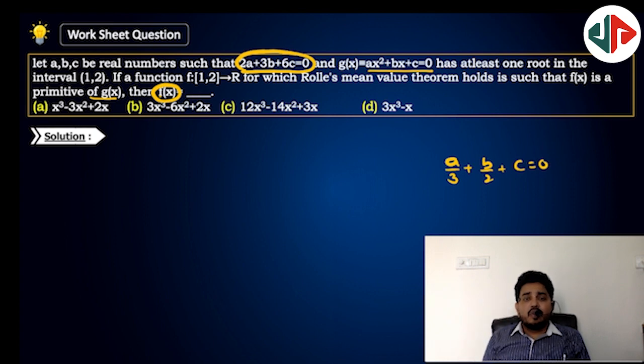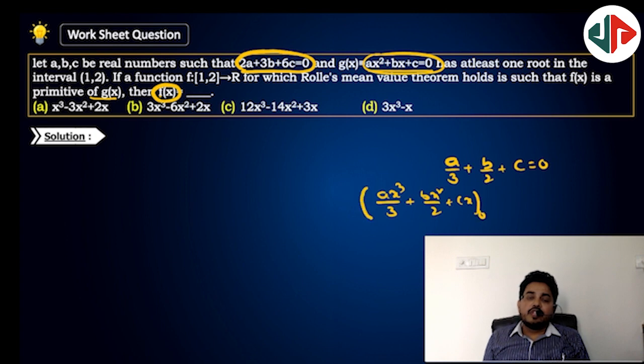So g of x will be the integration of this. You will get ax cubed by 3 plus bx squared by 2 plus cx from the limits 0 to 1 is equal to 0.